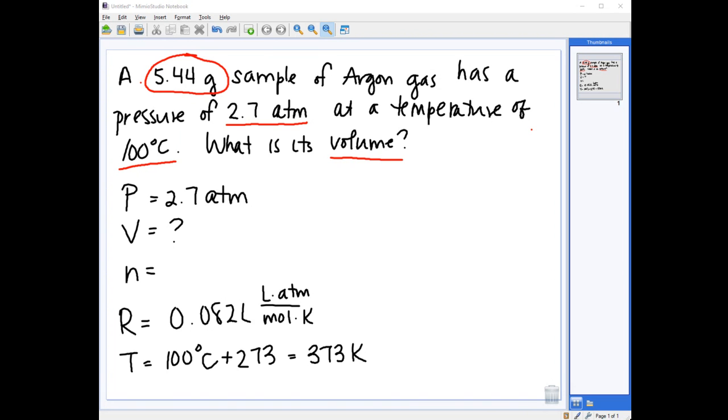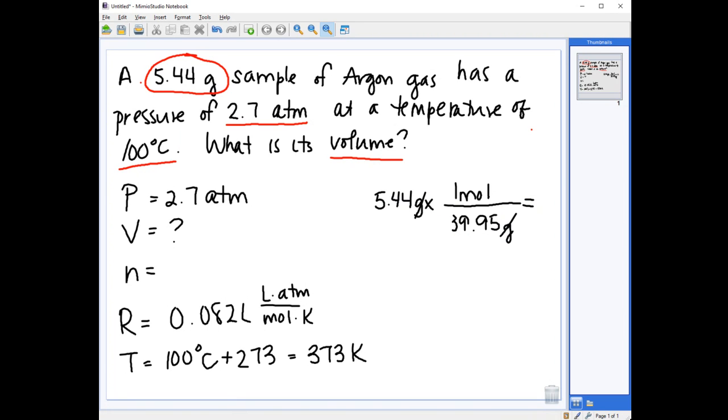So we go to our periodic table, and what is our molar mass of argon? 39.95 grams. So I'm going to say I have 5.44 grams and my molar mass is 39.95 grams. So my grams cancel.